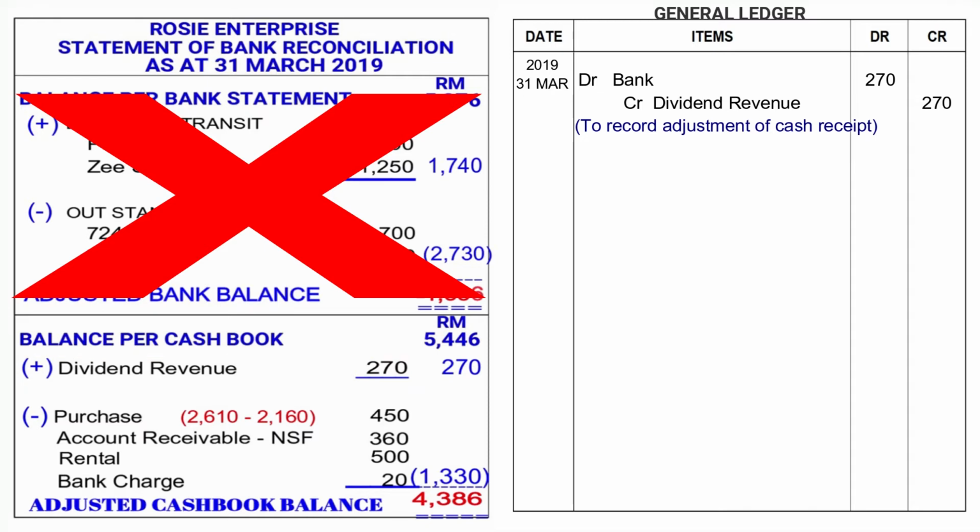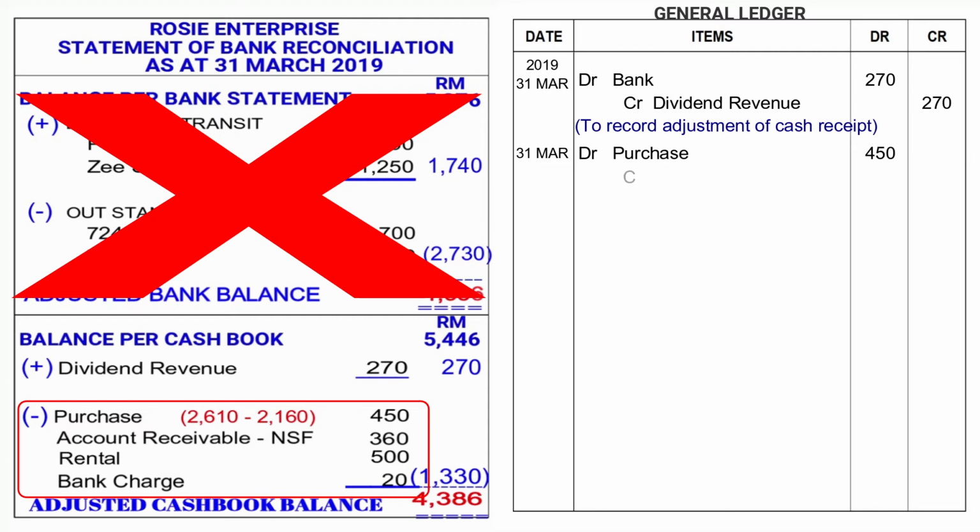Okay, next, credit bank and debit all the items that need to be deducted from the cash book balance separately. For example, debit purchase 450 ringgit. Good.